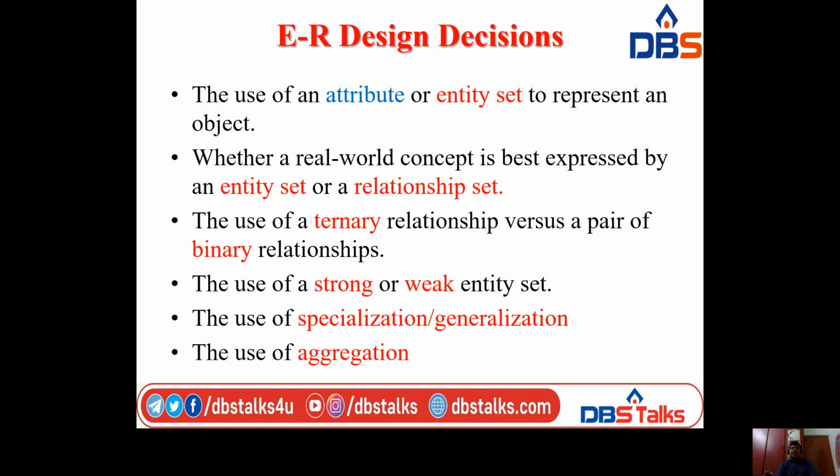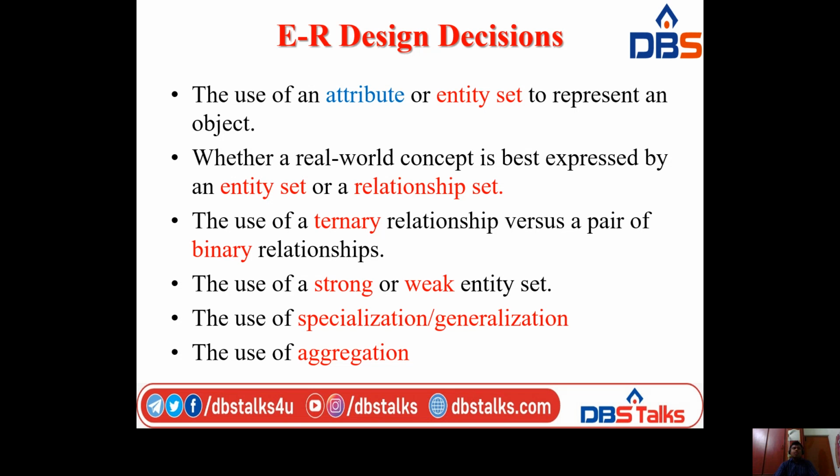The use of a ternary relationship versus a pair of binary relationships. A ternary relationship can be divided into a pair of binary relationships. This is another concept for the decisions.